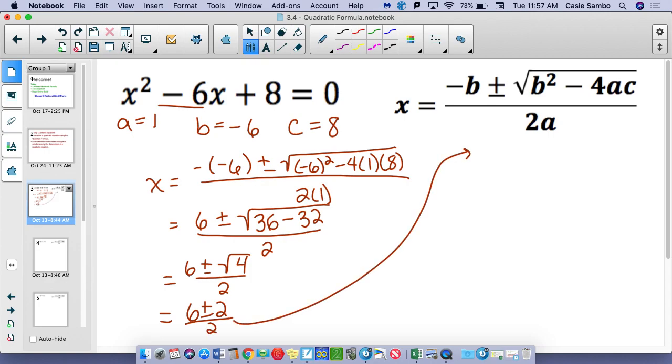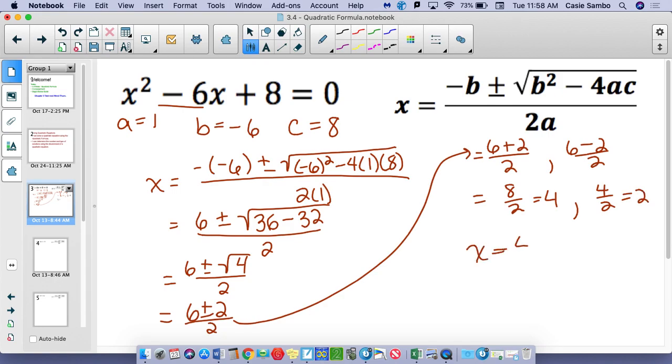We can split that up into 6 plus 2 over 2 and 6 minus 2 over 2. So that equals 8 over 2, which equals 4, and 4 over 2, which equals 2. So ultimately, x equals 4 and positive 2.